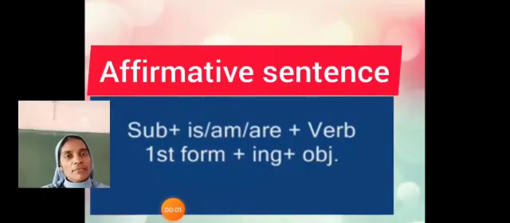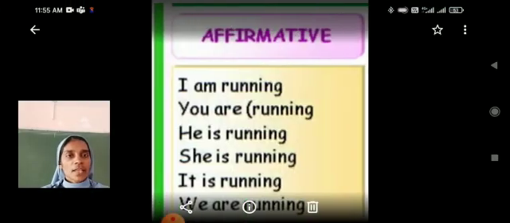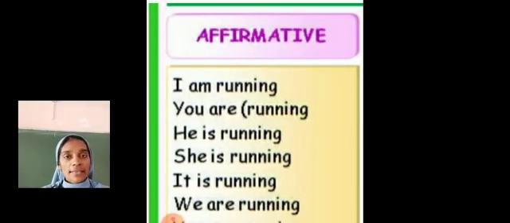Next we can see the affirmative sentence in present continuous tense. What is the structure? Subject, to be form am, is or are, then ing form of the verb, then object. For example, I am running, you are running, he is running, she is running, it is running, we are running.